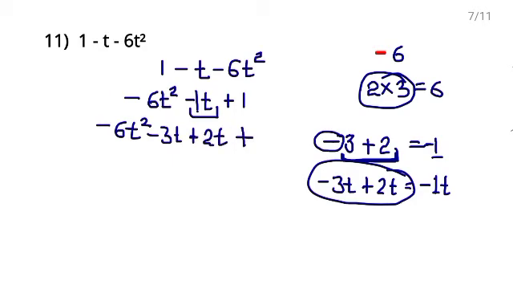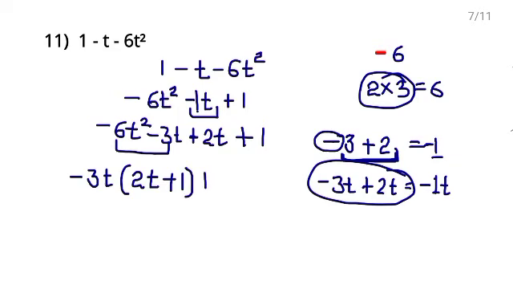plus 1. From these two terms you can take minus sign common, 3 common and t common. Now you have 3 2s are 6, t plus sign, because you have taken minus sign common, 3t you have taken common, so just 1 is left here, plus from these two terms you cannot take anything common, so just take 1 common.